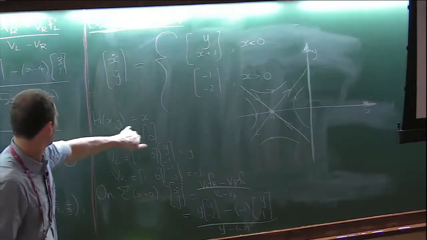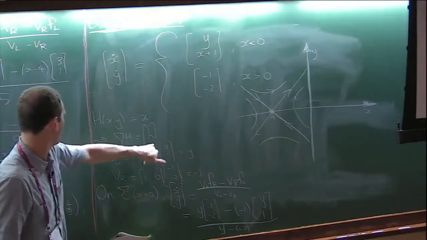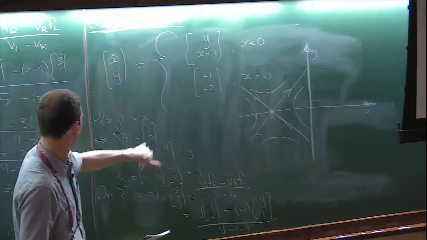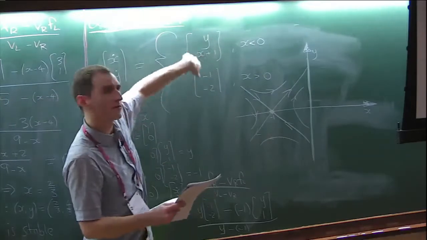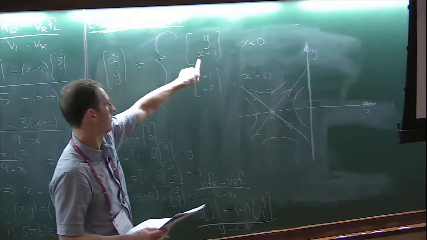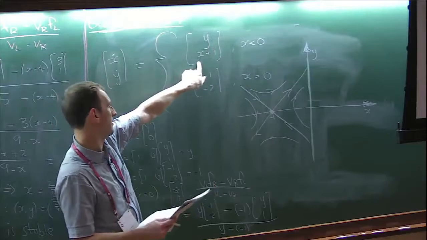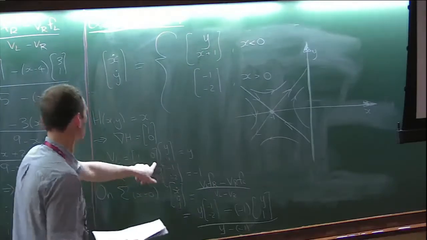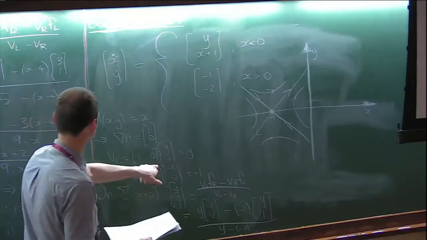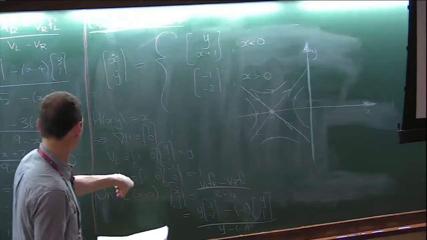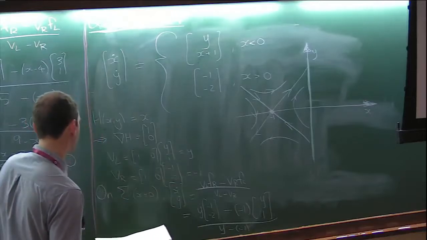So I'll take my function h to be just x. Grad h is (1, 0). So then VL is (1, 0) times this vector. I'm just looking on the switching manifold. So on the switching manifold, x is 0, so I can put x as 0. Well, it multiplies by 0 anyway, so maybe that wasn't so necessary. Just get y, and then VR comes out to -1.